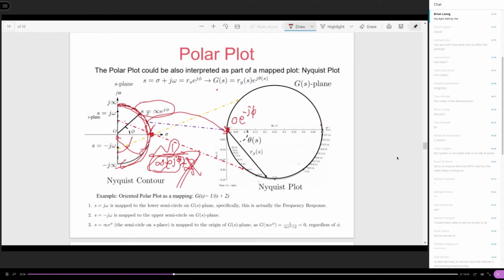In other words, when phi is taken from positive 90 degrees to negative 90 degrees on the G of S plane, this point stays at the origin but is rotated by 180 degrees, opposite to the change of the phase in the S plane.